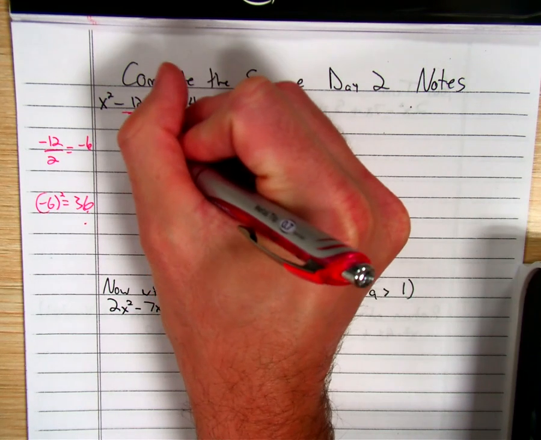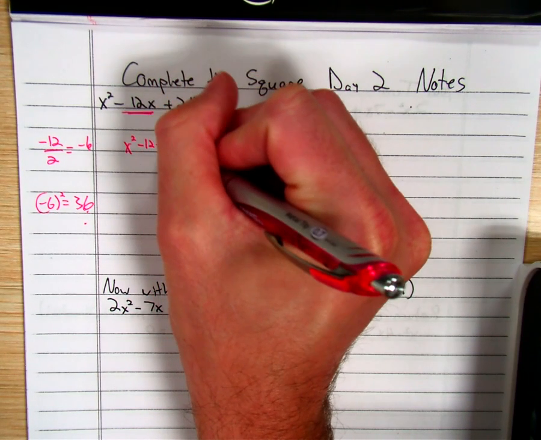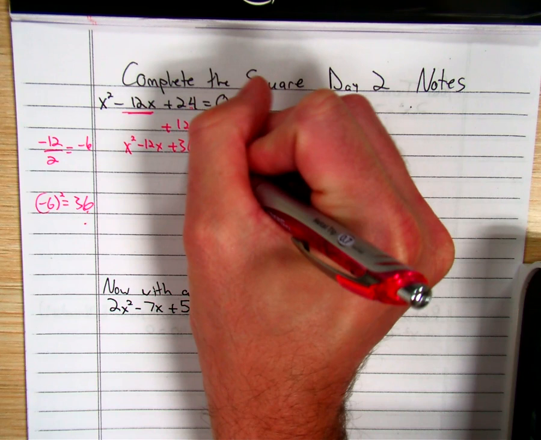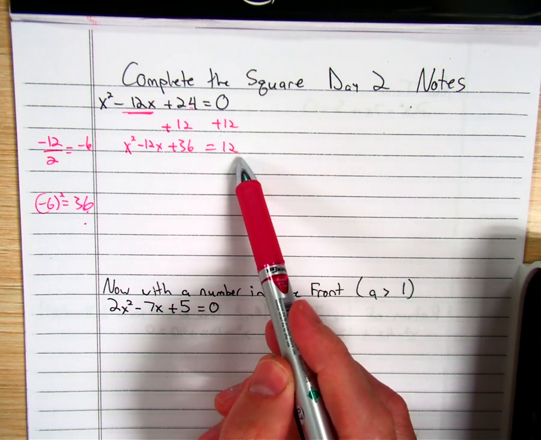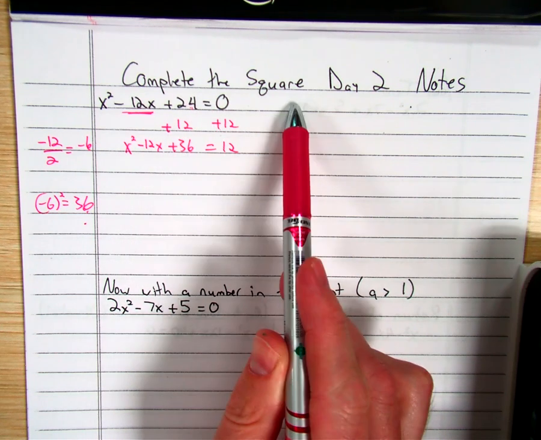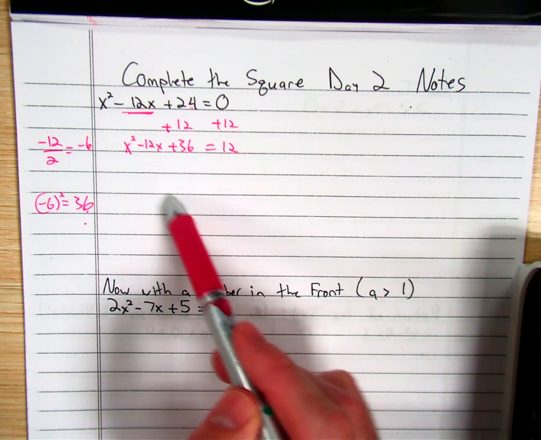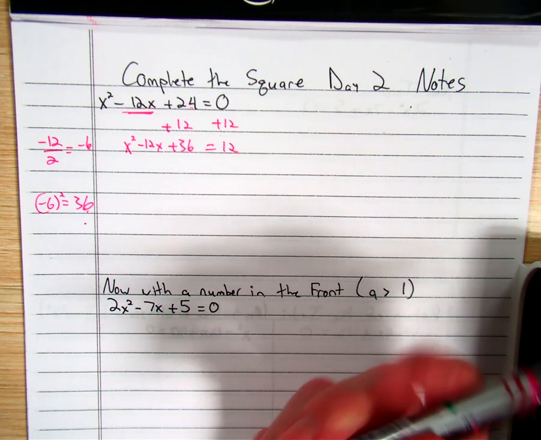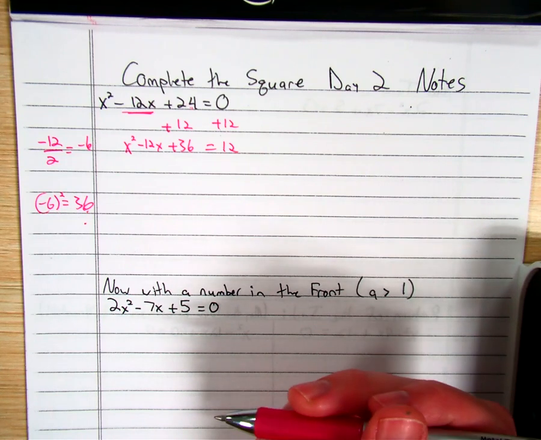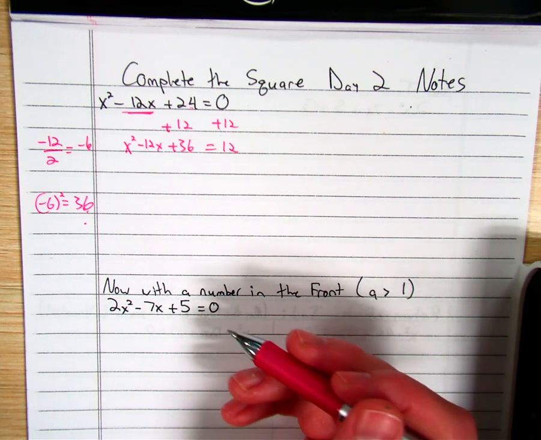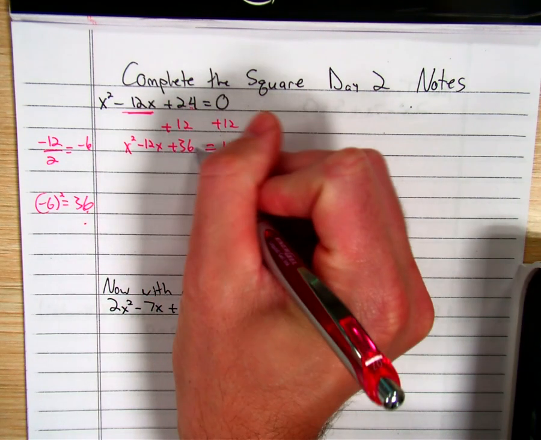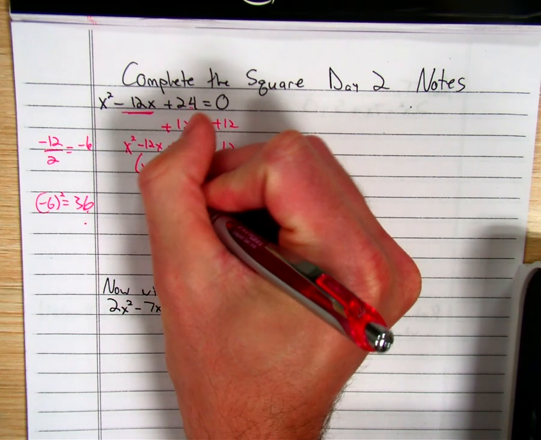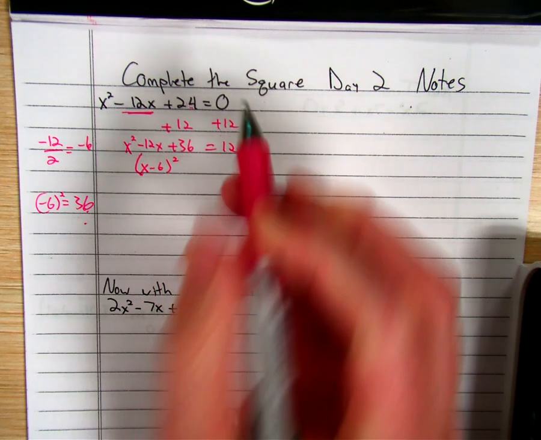So now we have x squared minus 12x plus 36 equals 12. Okay, think about it if you would have gone the other way. You would have minus 24, and then you would have added 36, and it would be 12 over there. Now the whole point of doing this was so that it would be a perfect squared trinomial, and it's going to come down to x minus 6 squared.